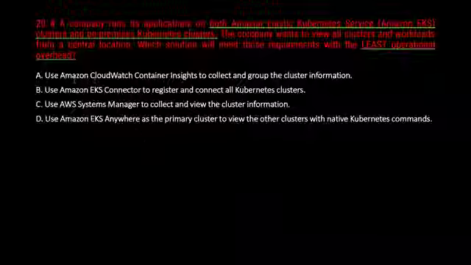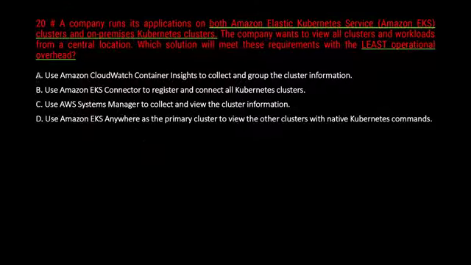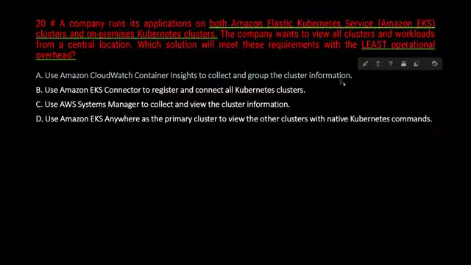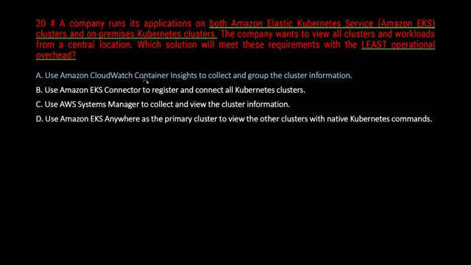The first option they are talking about is use Amazon CloudWatch Container Insights to collect and group the cluster information. I mean, if you don't know about this service at a high level, it looks okay, fine. I think maybe CloudWatch Container Insights has the capability to collect and group the cluster information. Okay, so let's confirm if it is.